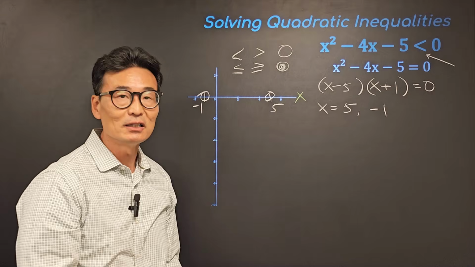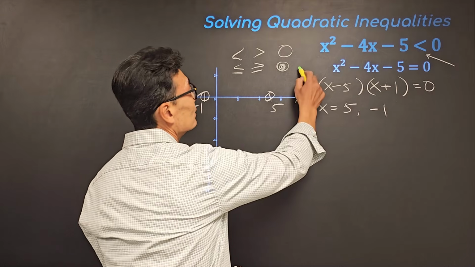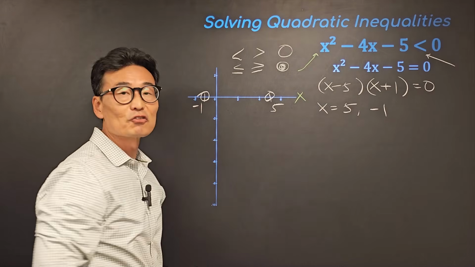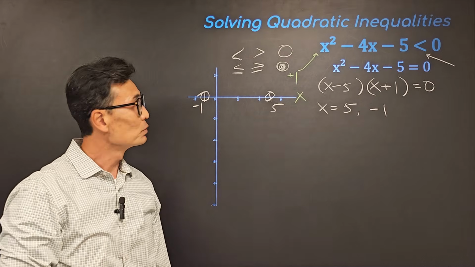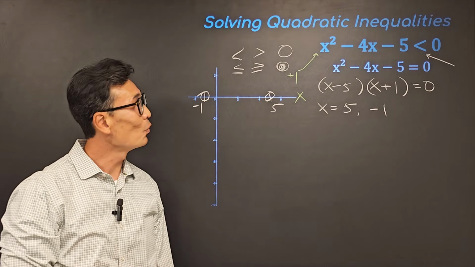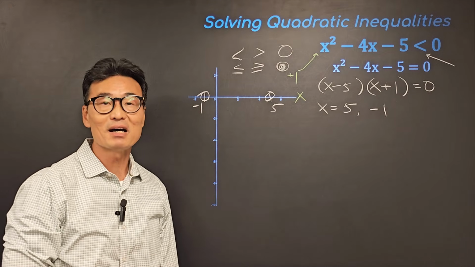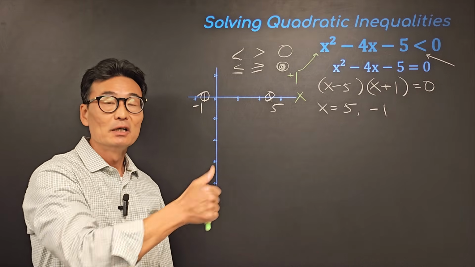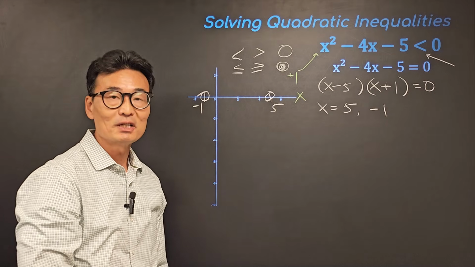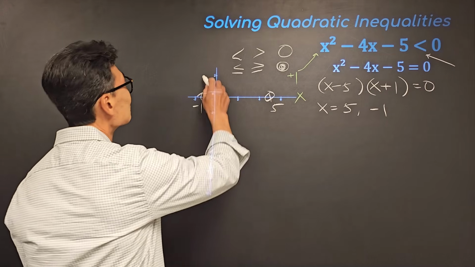But before we do that, notice that the coefficient of x squared is plus 1. When the coefficient of x squared is positive, it means that the parabola points upward. Therefore, the parabola is going to look like this.